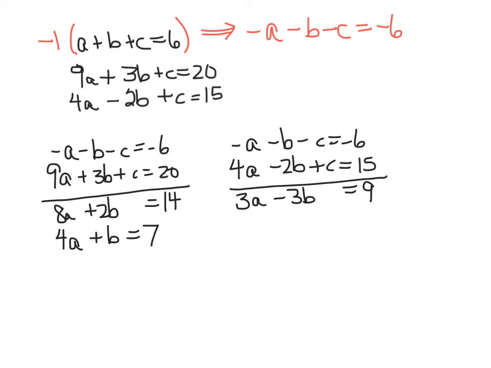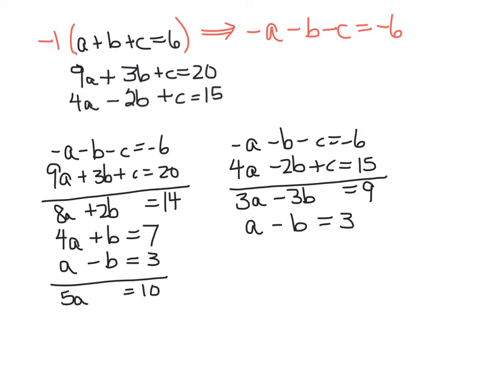The second equation, everything can be divided by 3, so I'm going to say a minus b is equal to 3. So if I line these 2 equations up underneath each other, the nice thing is the b's are going to be eliminated, so I now have 5a is equal to 10. Dividing both sides by 5, a is equal to 2 is the first answer.